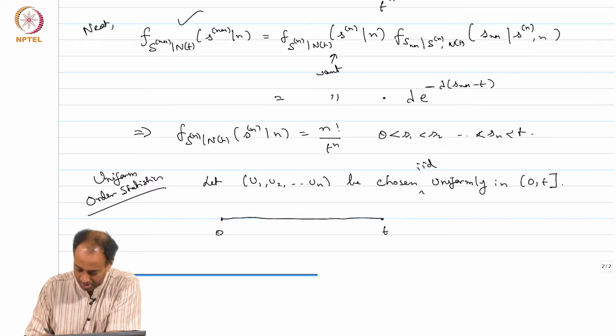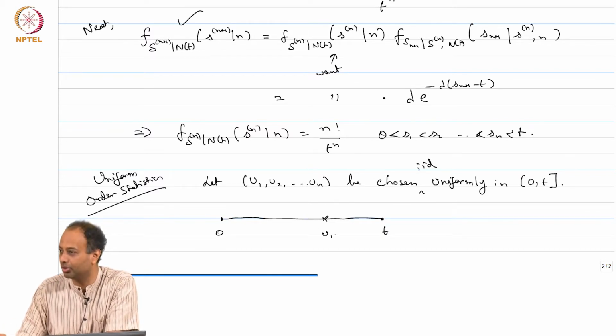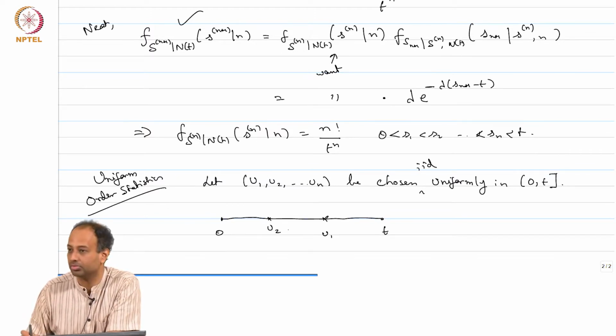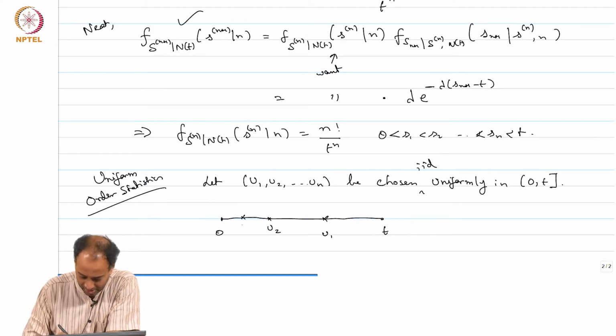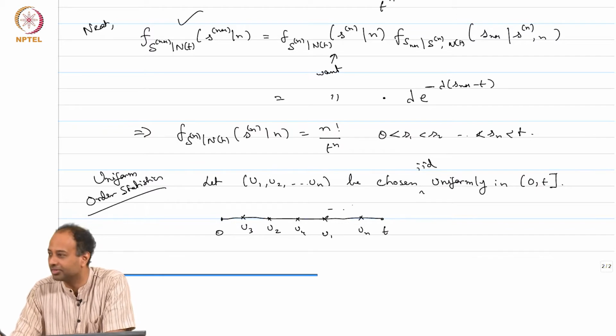First uniform, let us say may land here, let us say that is u1. The second time you throw another dart uniformly and independently, that may land here. Then you throw a third dart that may land here, a fourth dart may land here and so on, right. Basically you throw n darts, and they land wherever they land.